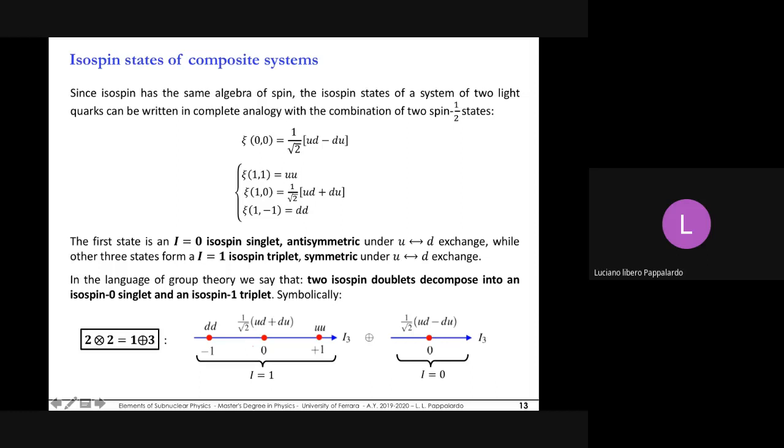This is the way you would write this in group theory. So this is the triplet with total isospin equal to 1, and the 3 projections are -1, 0, and +1, the corresponding combinations of up and down quark. And this is the singlet, which is antisymmetric, which comes with total isospin 0, and of course the third component is also 0.